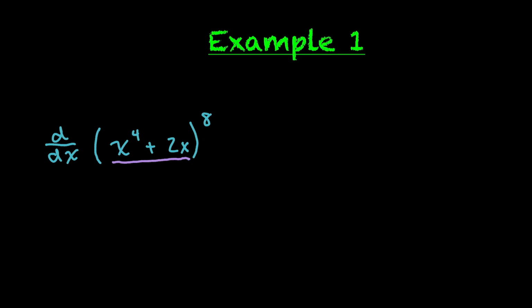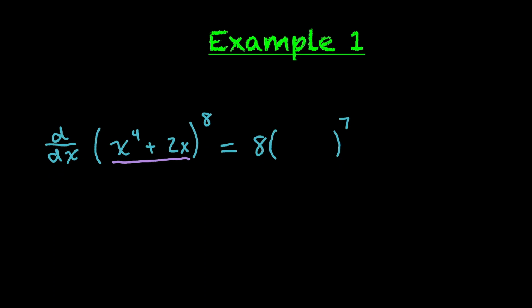So that 8th power is our outer function, and we want to start with the derivative of an 8th power. Well, that's just the power rule. The 8 will come down as a multiplier, and then for the new power, we're going to subtract 1 from 8, so 8 minus 1 is 7. All right, so that's the derivative of an 8th power.